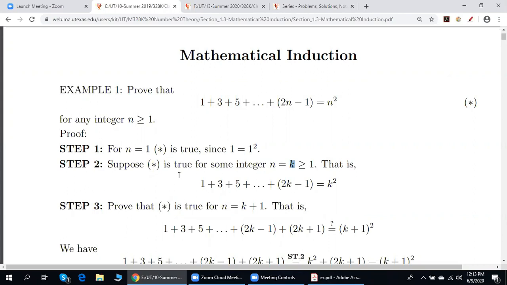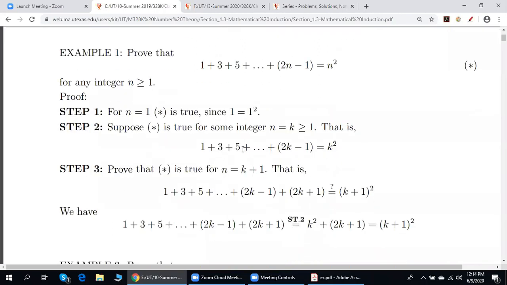Now, step 3. In step 3, we want to prove that this is true for n equal to k plus 1. Please compare this and this.